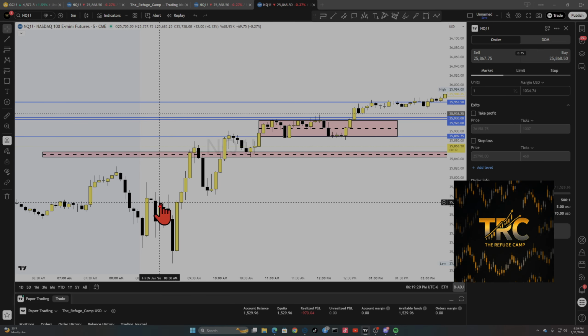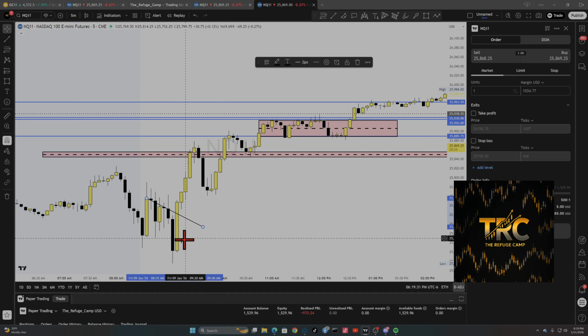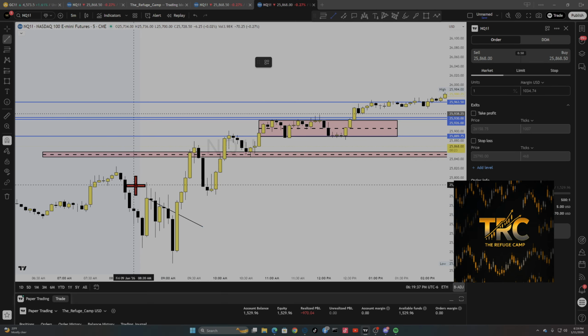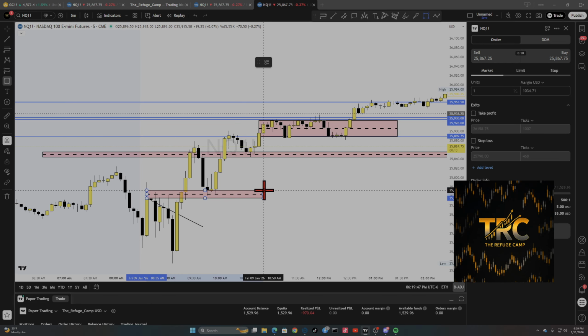Once you've done that, when you look at the structure across the top, and I'll note out what I look at, my eye's naturally drawn to this angular level, right? But a retest is effectively completed when price comes anywhere into this zone where these wicks are, between the candle closes and the wicks, right?